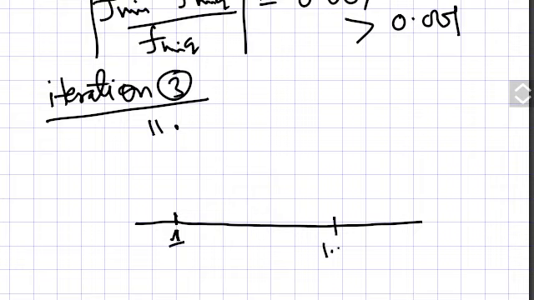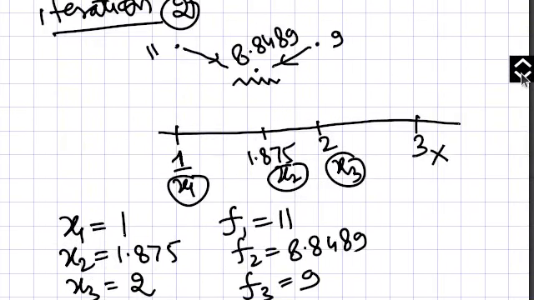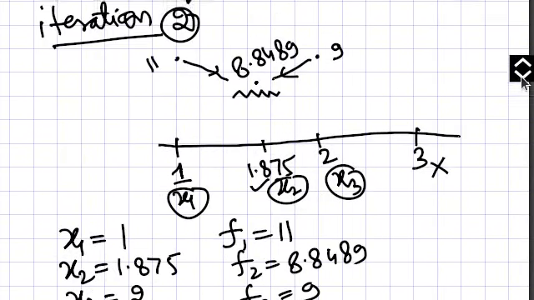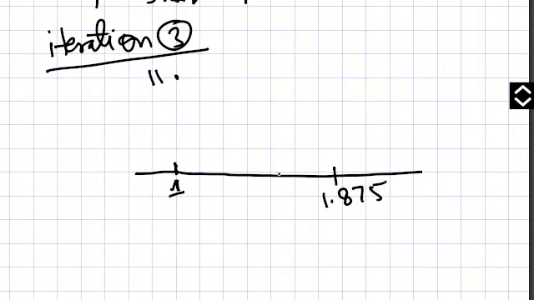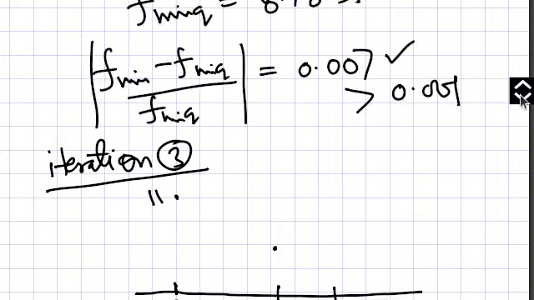This point was already there here, 1.875, it was here. In between these we have got a new point here which is giving us the minimum value.